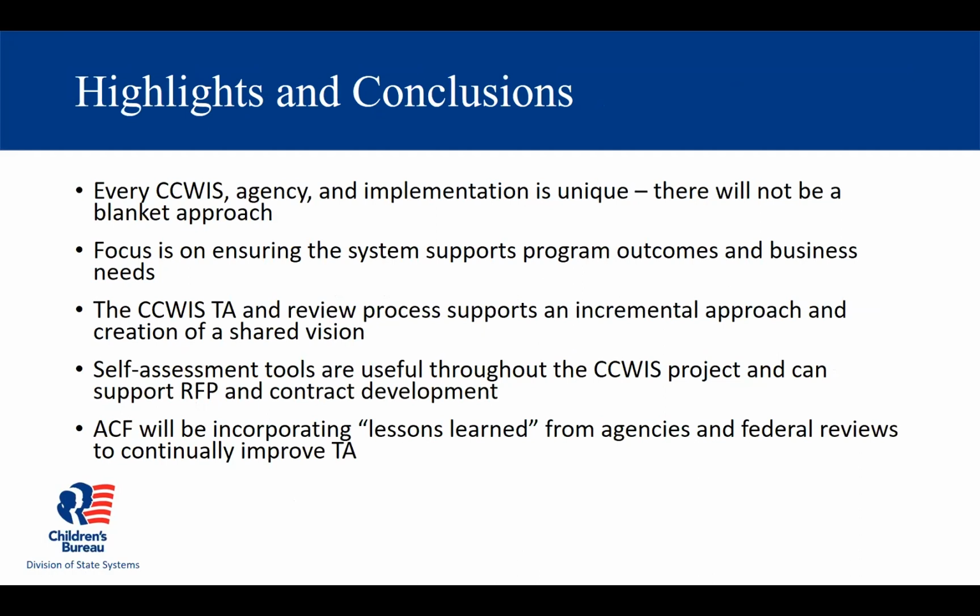And again, we want an incremental and continuous improvement process. We need to create an environment where we're open with one another to admit when things are going well and share when they're not going so well or what we're struggling with. Next slide, please.